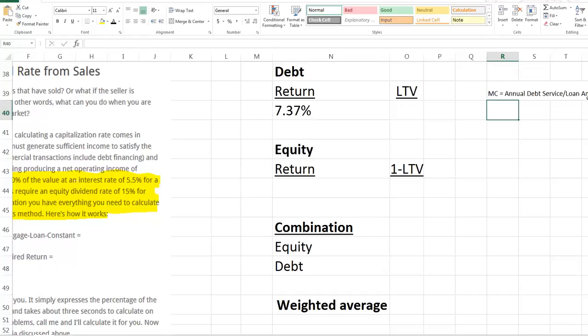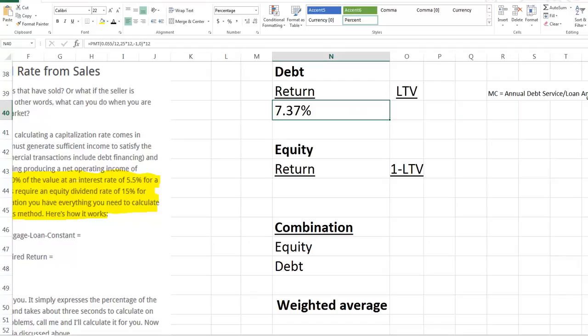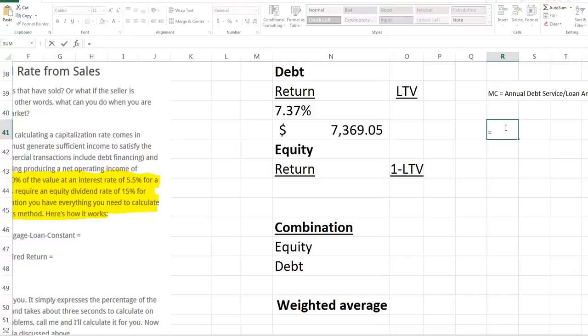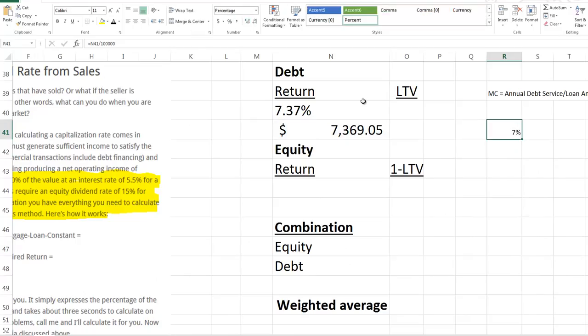Say that in this particular example, if I use the same information but then put in here that I'm going to borrow $100,000, I get an annual debt service of that much. If I divide that by the loan amount, you get the cap rate on the mortgage constant.